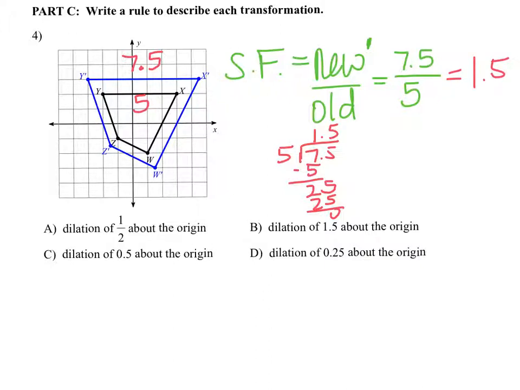So it was a dilation by a scale factor of 1.5. So it was an enlargement. Okay, so you just need to find two lengths that you're able to actually count. You don't want to try to count the length of this because it's not vertical or horizontal. You don't know how long it really is. So it needs to be horizontal or vertical lengths that you're counting.